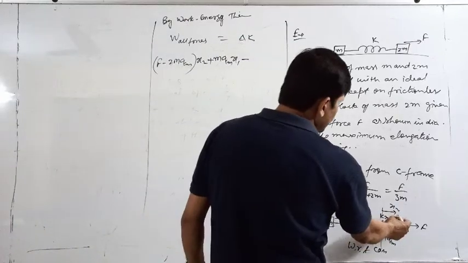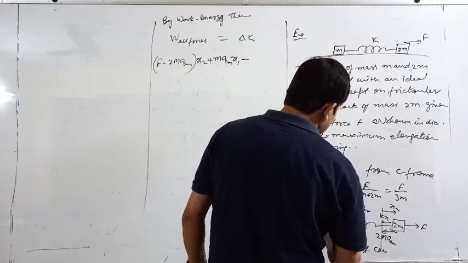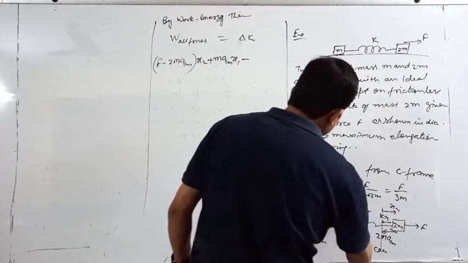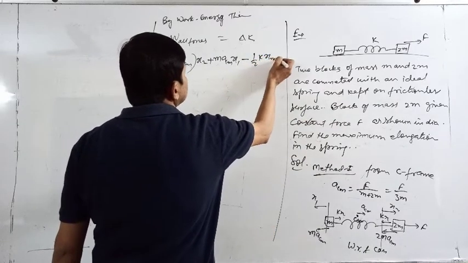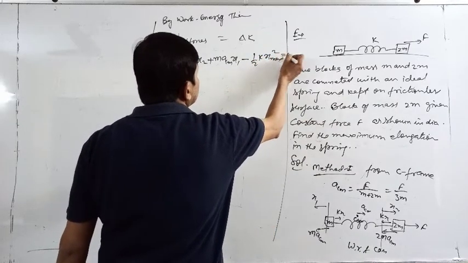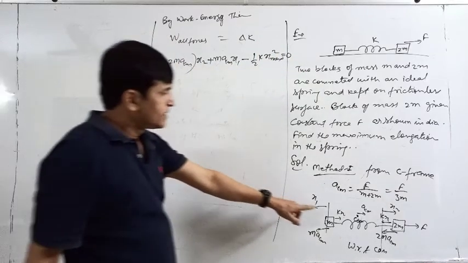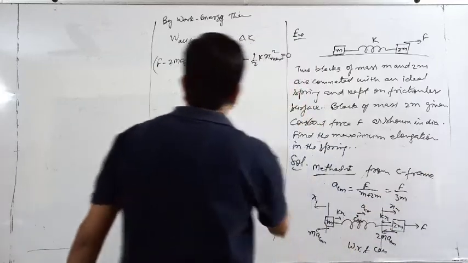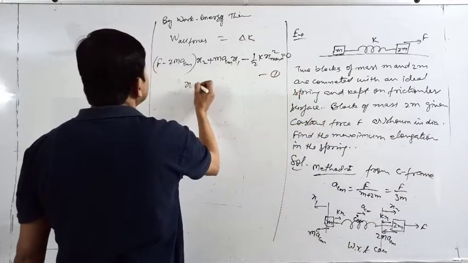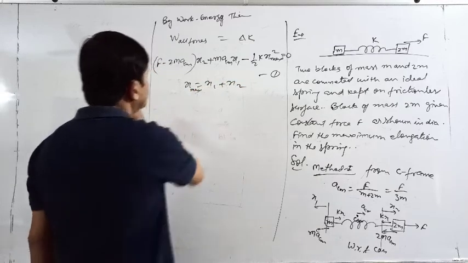The spring force is always opposite to displacement, kx, so minus half k x max square, which is equal to 0. Now here x is nothing but x1 plus x2 because they are moving away. So one equation, and x max is equal to x1 plus x2.